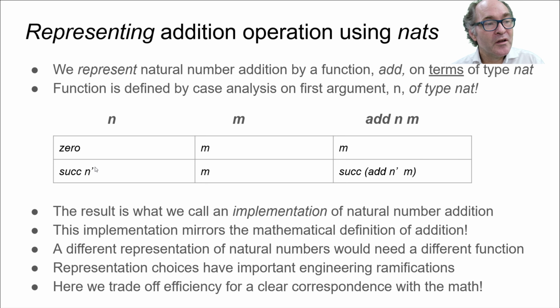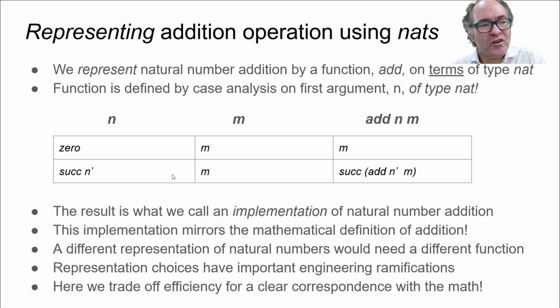If the first argument is not 0, then it's got to be the successor of some one smaller nat, which itself is either 0 or the successor of an even smaller nat, which itself is either 0 or the successor of an even smaller nat. And you can see that eventually you're going to reach 0 because these strings of successor marks applied in front of 0 must be finite in length.